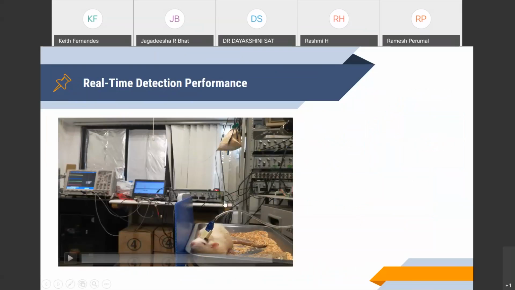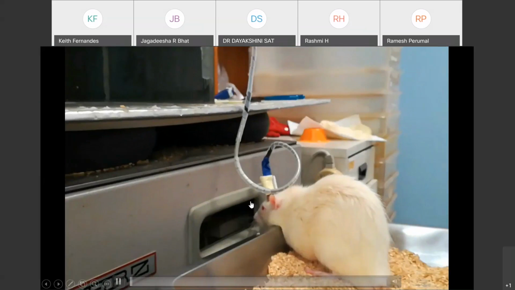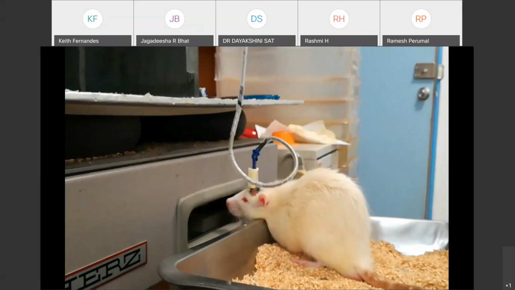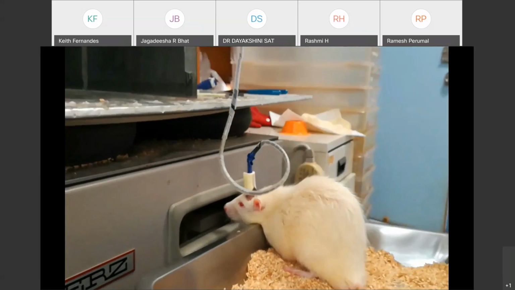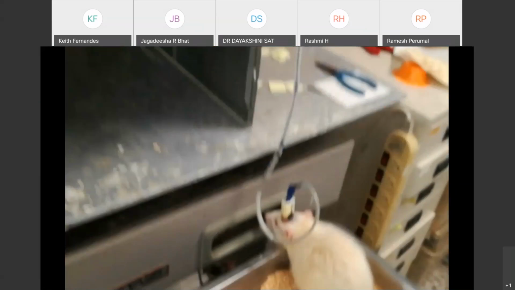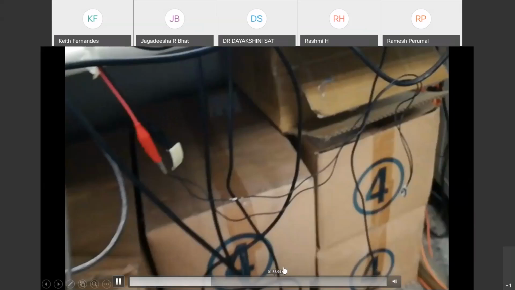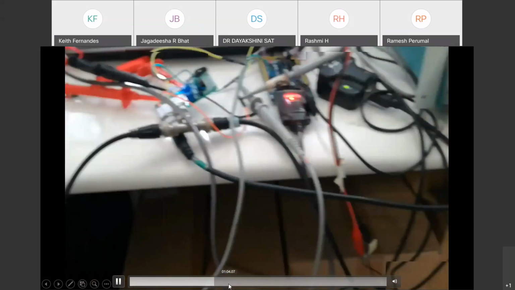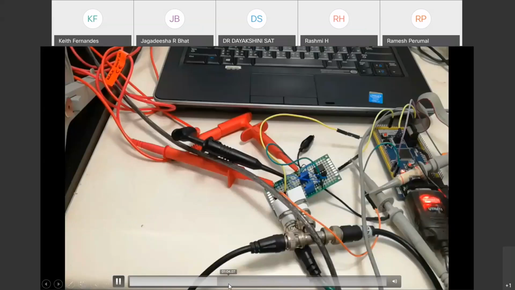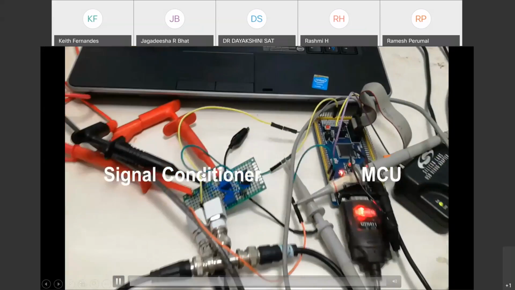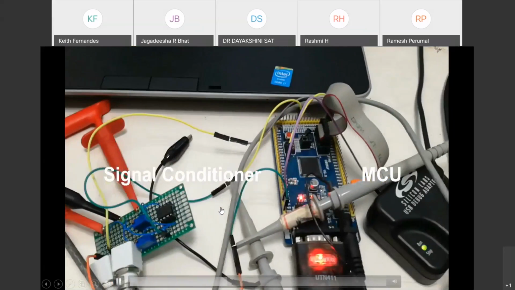So I'm going to show you the real-time detection performance in this video. The algorithm is implemented on a microcontroller, and this is the signal conditioner circuit.